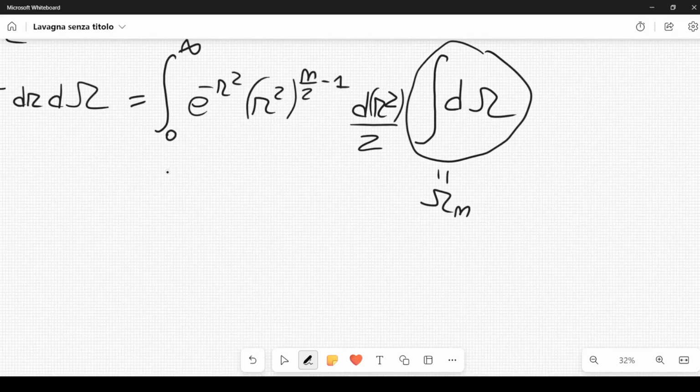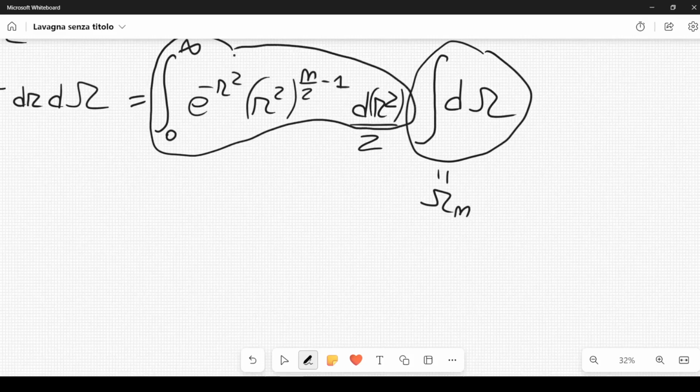So I will not get into the details of the gamma function, but let me tell you that this integral here is just equal to gamma, the gamma function evaluated at n over 2. So it is evaluated at this value. You can see that the integration variable is called r squared.